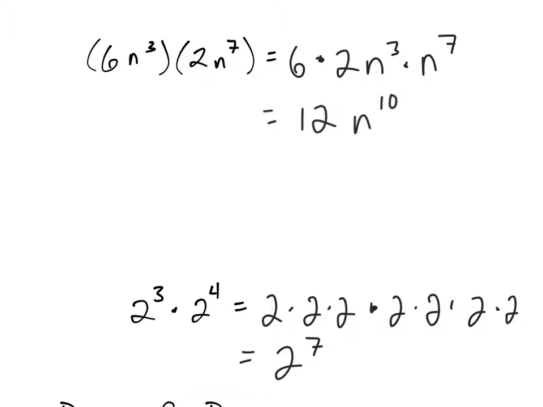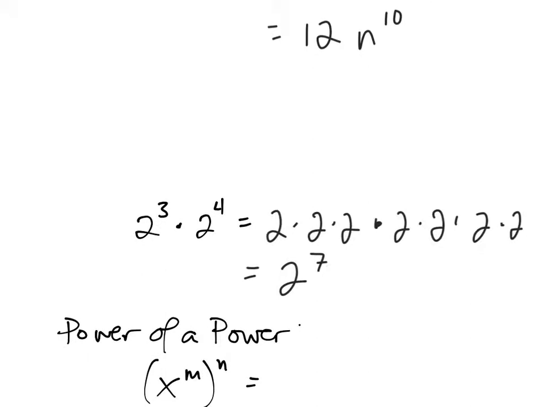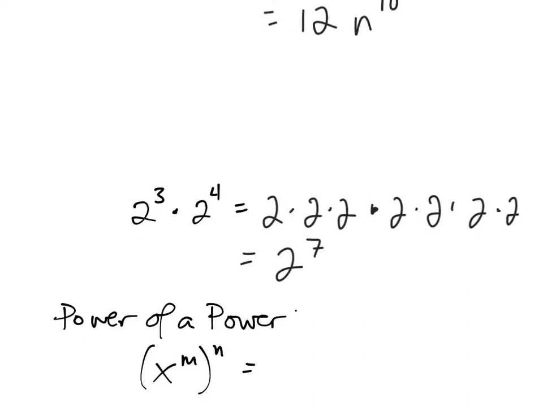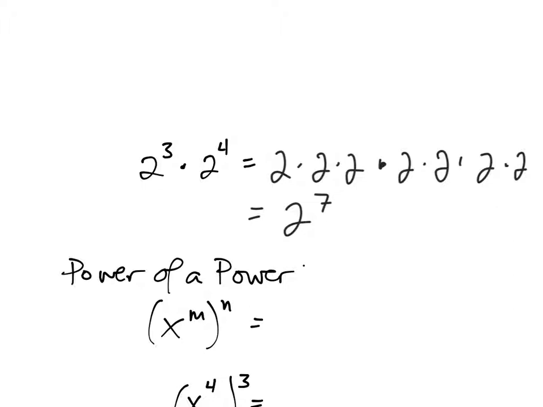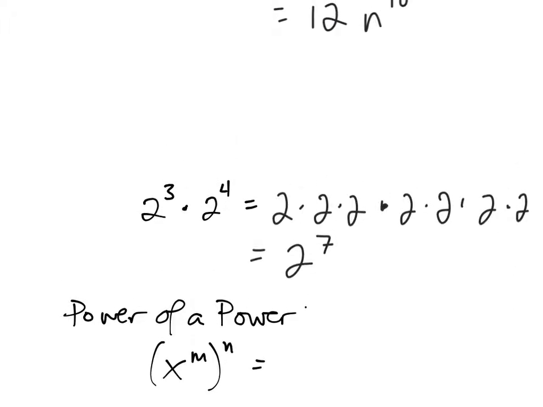Right? All right. So let's talk about a new property. This one is called the power of a power. Now this one occurs when we take a power and raise it to a new power. So for example, I've got x, and x is being raised to the power of m, x to the m power.